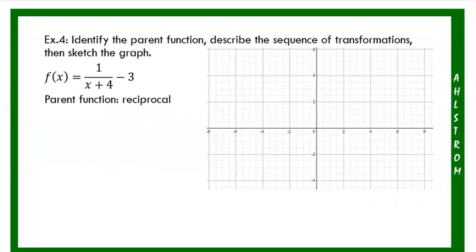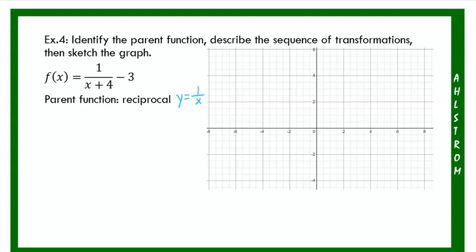Now, I threw this one in here, even though it's easy, because maybe you haven't seen a transformation of a rational function. So that's why I threw one of these in here. So the parent function is a reciprocal function, okay, which looks like that.